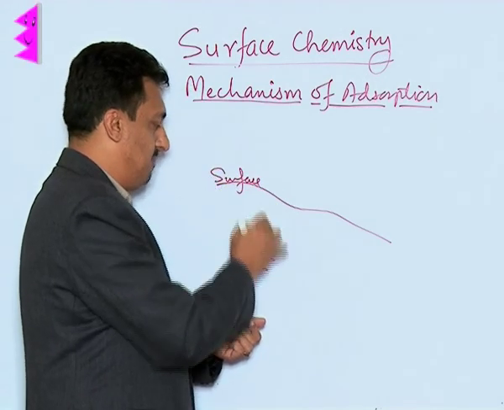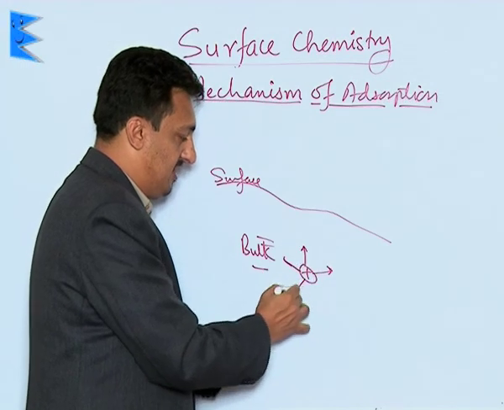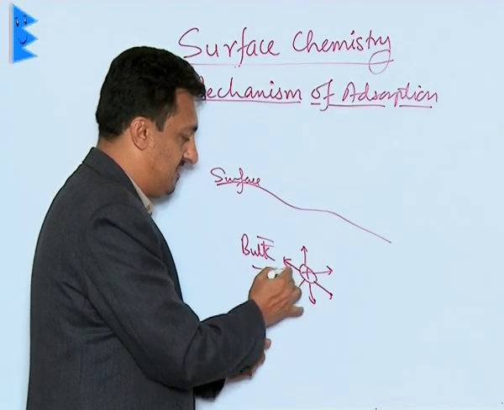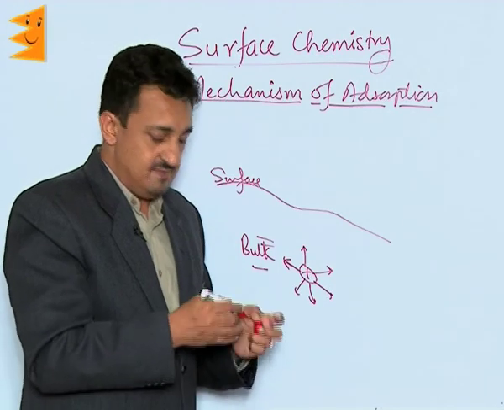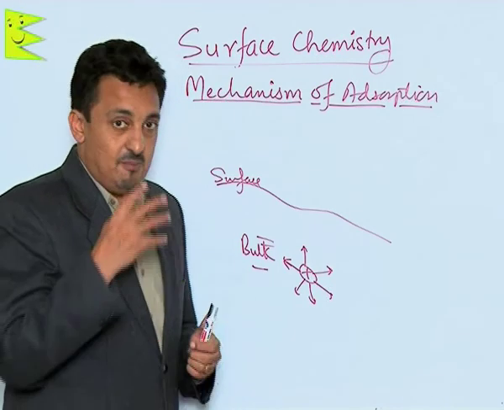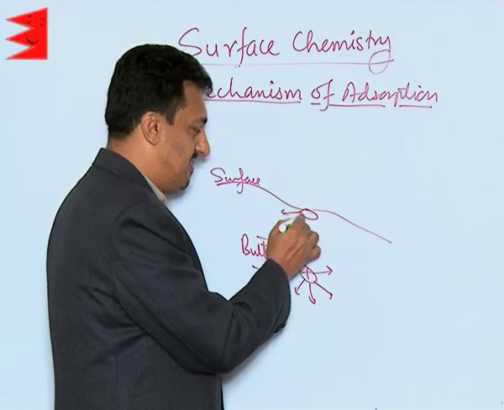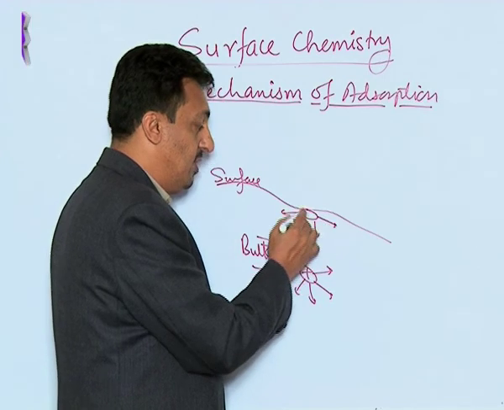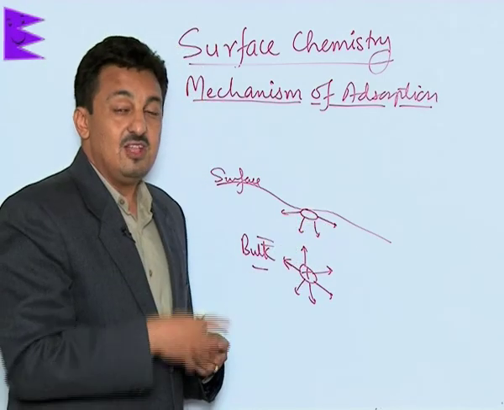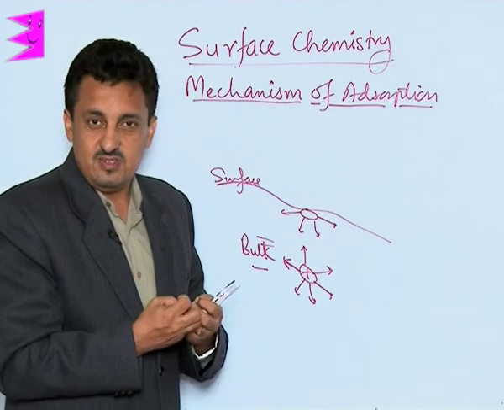Now what happens in the bulk is that any particle experiences forces of attraction from the surrounding particles, and they all get cancelled or balanced. But the particle at the surface experiences unequal forces. So they always have a tendency to have attractive forces.